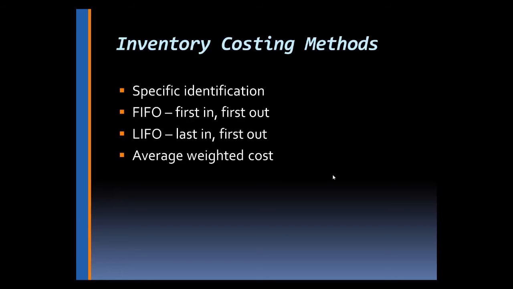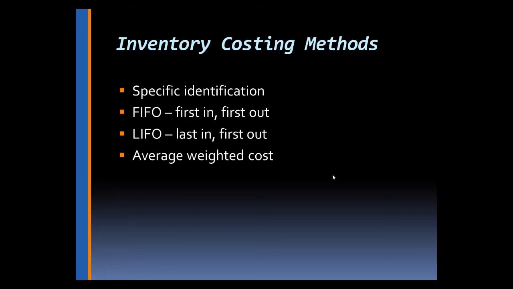And there are three ways to do that: FIFO, LIFO, and average weighted cost. In FIFO, we value everything in the inventory as if the first item that came in was the first item sold. So the inventory would be priced on the cost of the last item that you purchased of that particular type.